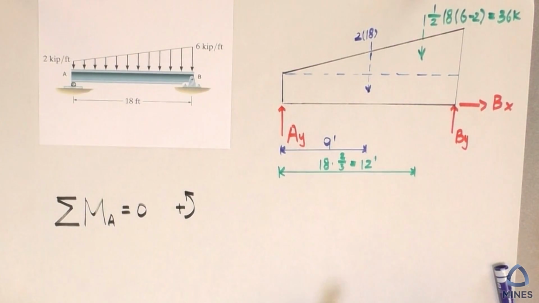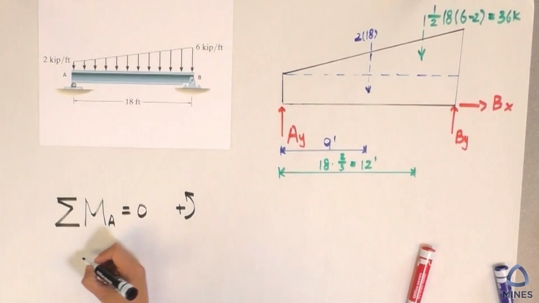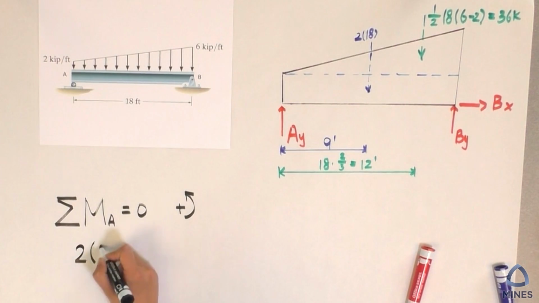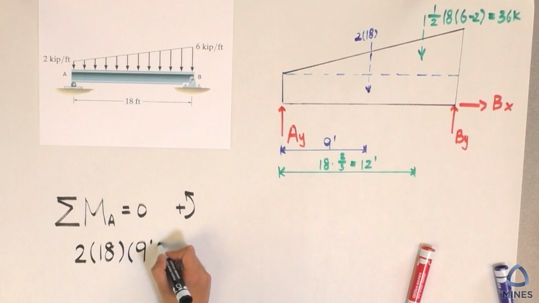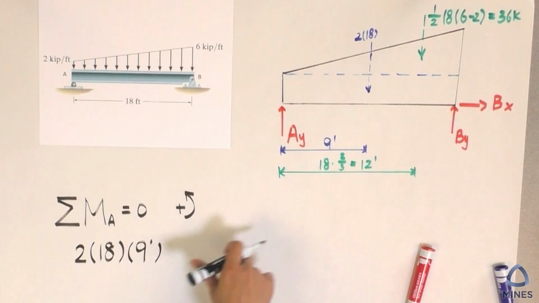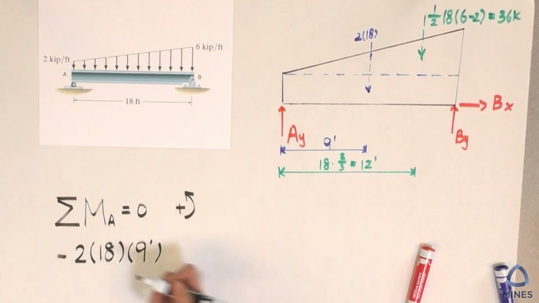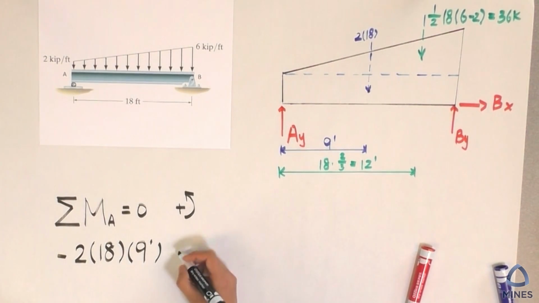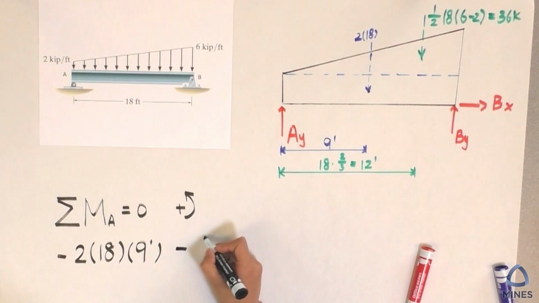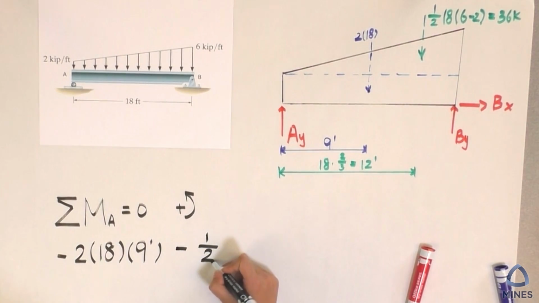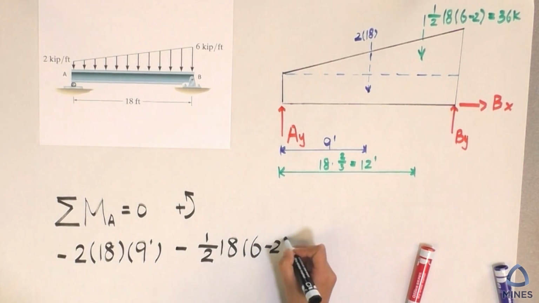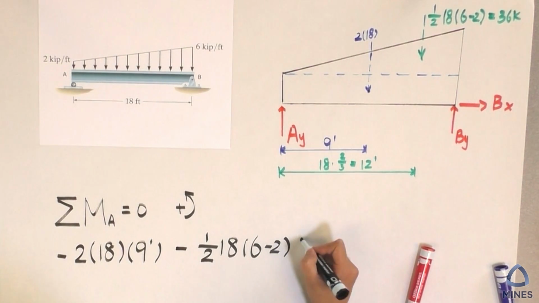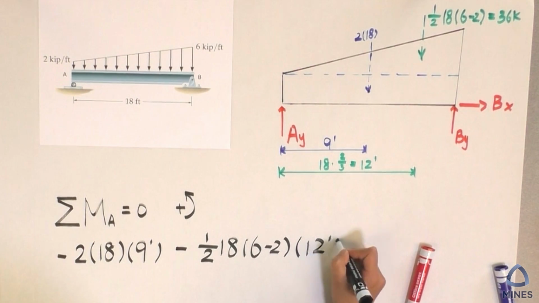So we are going to have the rectangle load multiplied by the distance, 9 feet. However, this is a clockwise rotation, so the whole thing will be negative. Then we move to the other load, the triangle distributed load, and the distance to A will be 12 feet.